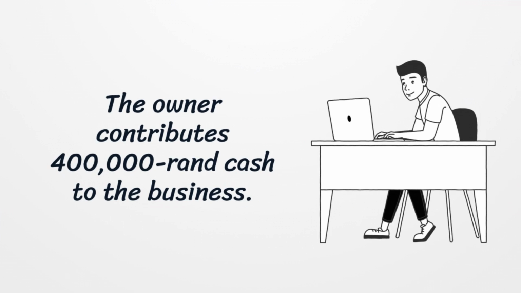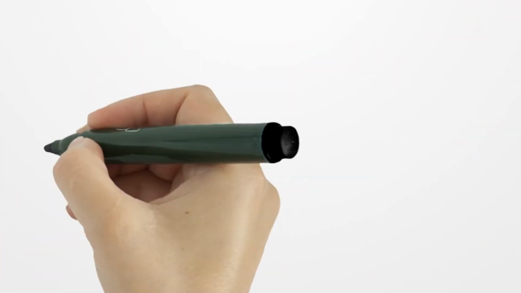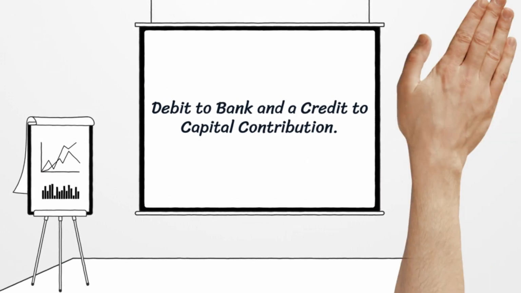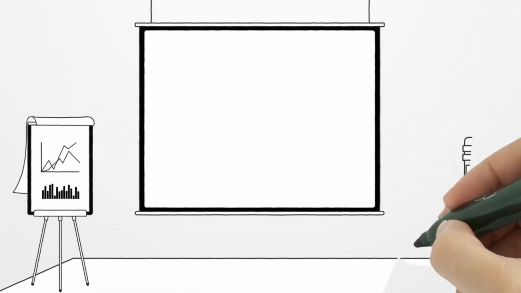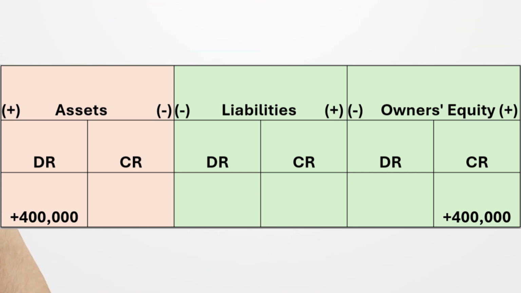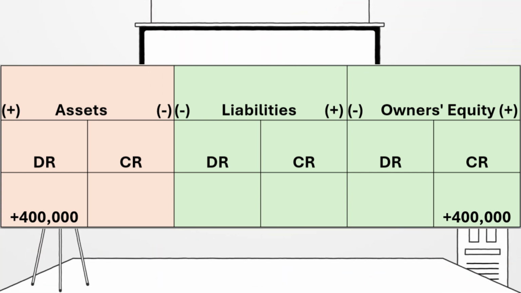For example, the owner contributes 400,000 Rand cash to the business. This is recorded as a debit to bank and a credit to capital contribution. See accounting equation impact. See GL impact.